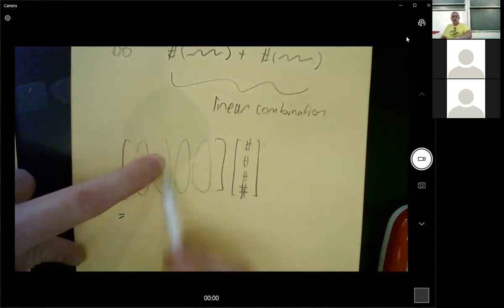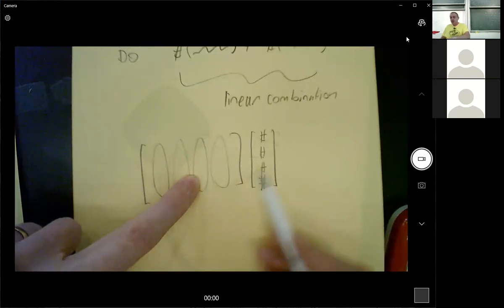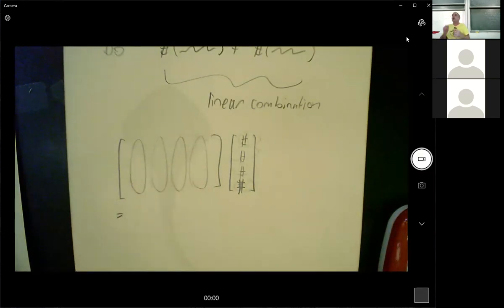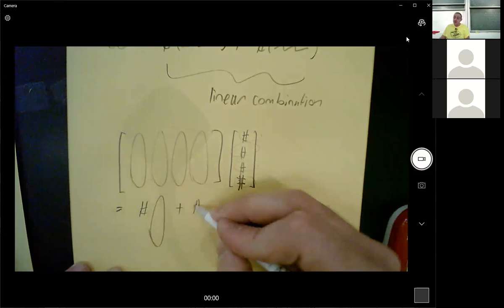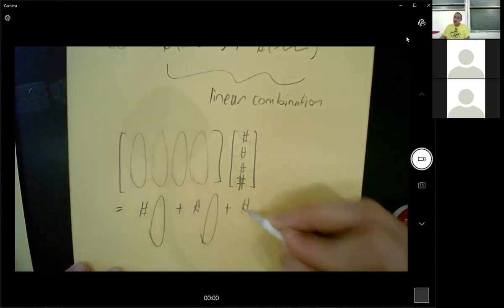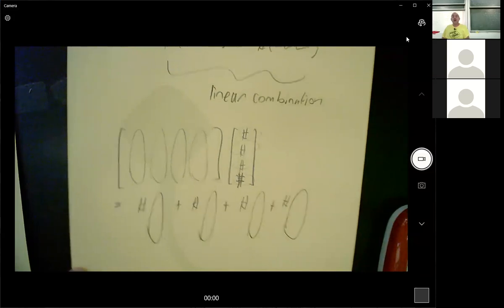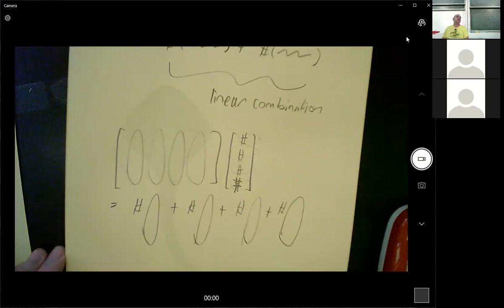And everything in this column gets multiplied by that number, and so on for each column. And so I'm going to get number times first column plus number times second column plus number times third column plus number times fourth column. Matrix multiplication is performing a linear combination. And that's why matrices are so damned useful for thinking about vectors.